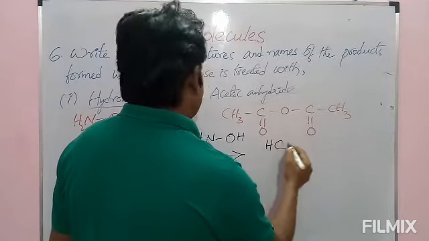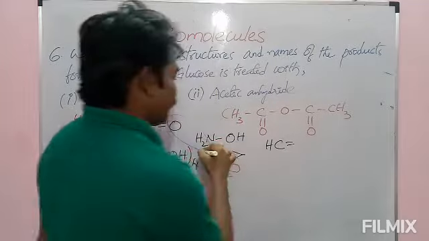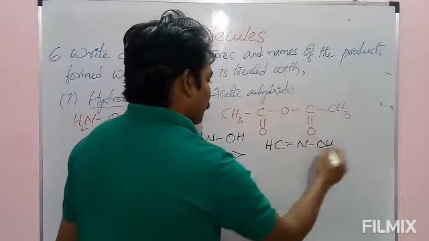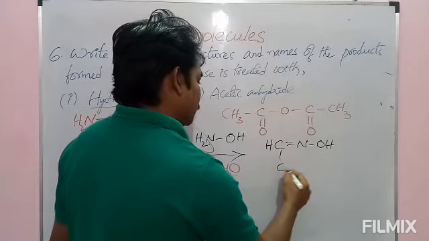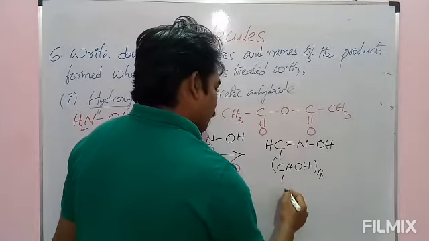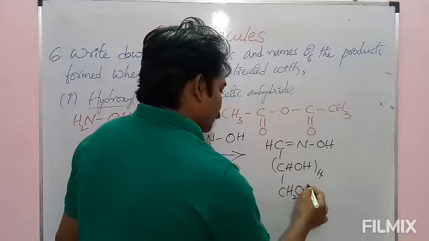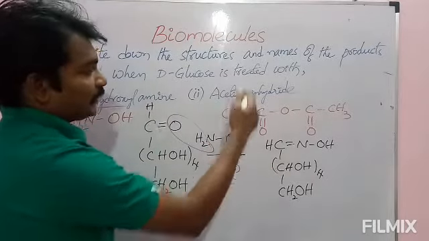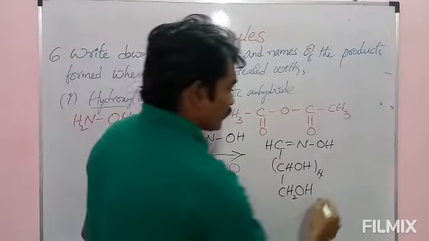It has CH, the remaining part is nitrogen with OH, then CHOH four times, CH2OH. They are asking the structure, and they are asking the name: the name of this one is oxime.